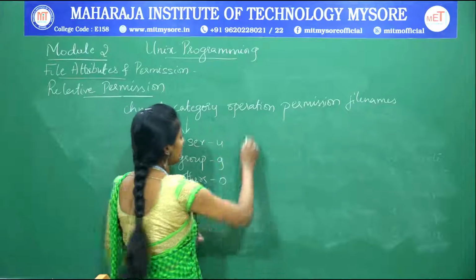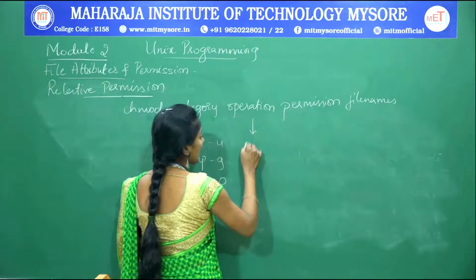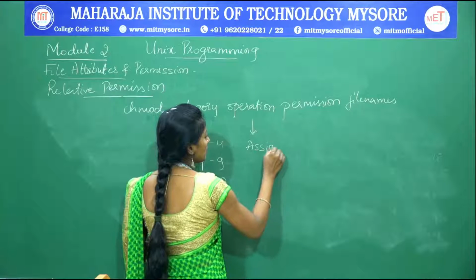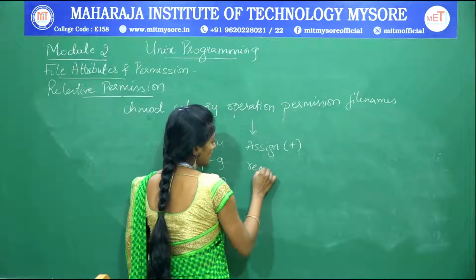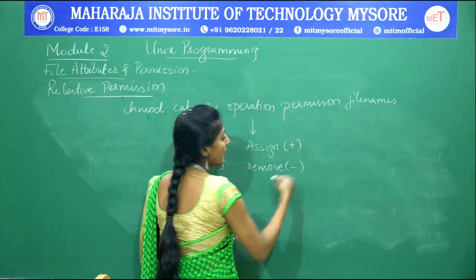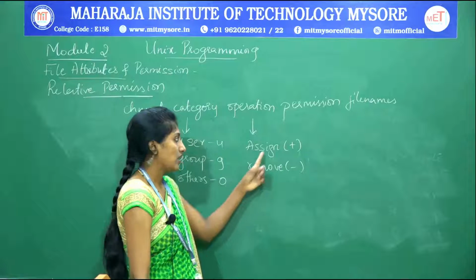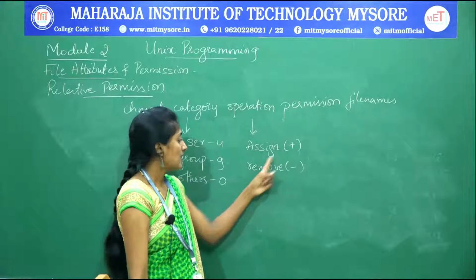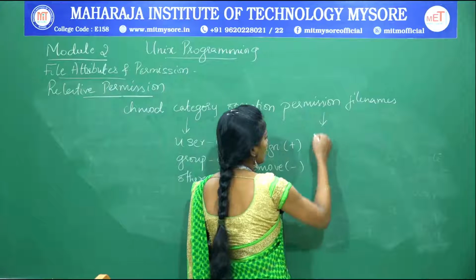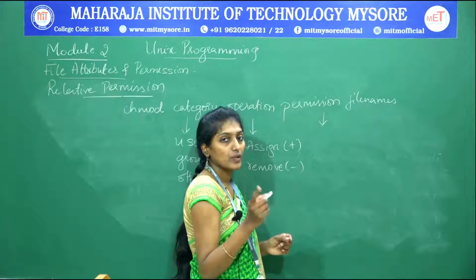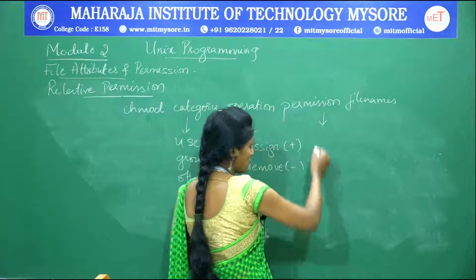Then what does this operation represent? Operation represents assign permission, which is represented with the plus symbol, and remove permission, which is represented with the minus or hyphen symbol. Next, permission refers to the 3 bits of permission, that is read, write and execute.